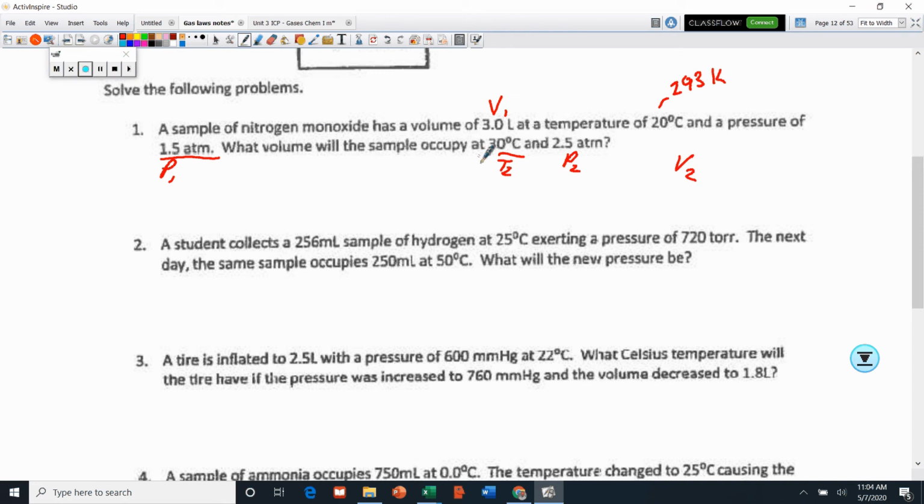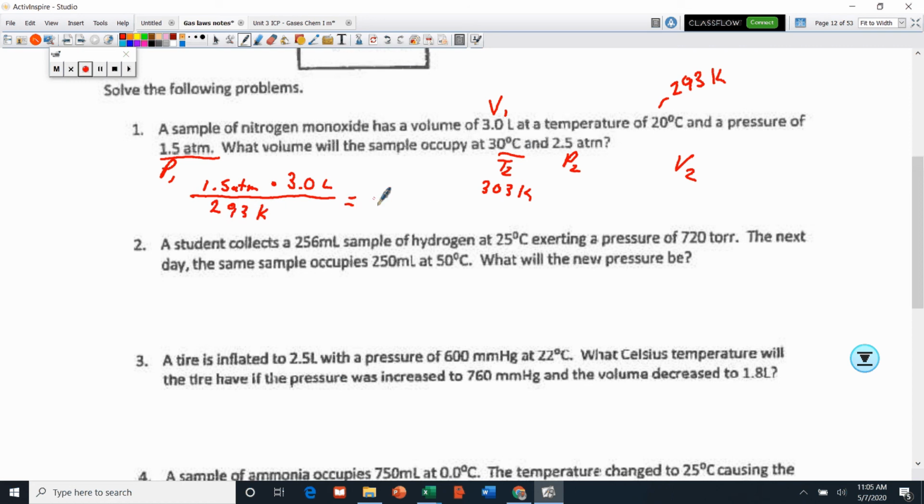And so this one is 303 Kelvin. All right, so setting this up real quick, we have 1.5 atm times 3.0 liters over 293 Kelvin.